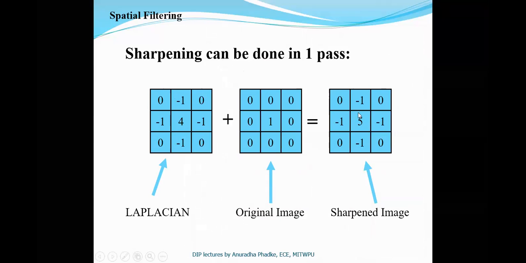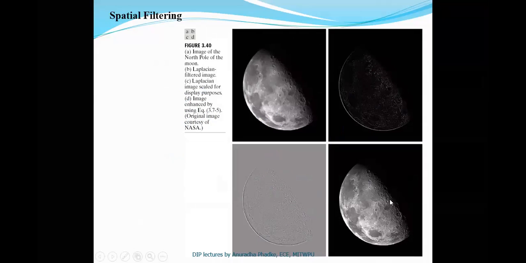Okay, so hope this difference between these two masks is clear to you. This first mask is used to detect the edges, whereas this second mask is used to sharpen the image. Okay, so as shown here, background is preserved and these various region borders are sharpened.